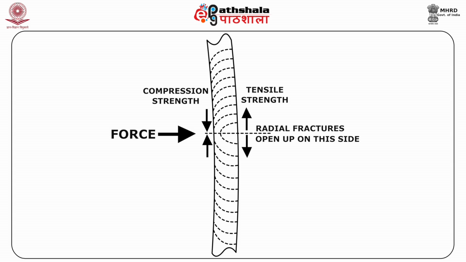When an external force is applied on one side of a glass, the glass sheet bends away from the force, so that tensile stresses are set up in the opposite surface of the sheet, while compressive stresses are developed on the surface to which the force has been applied.